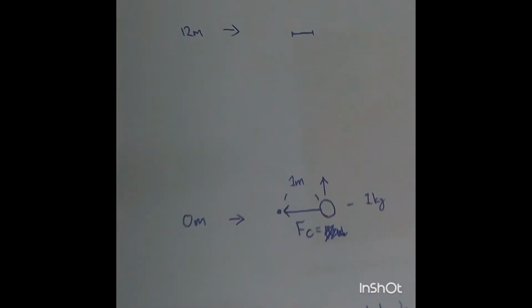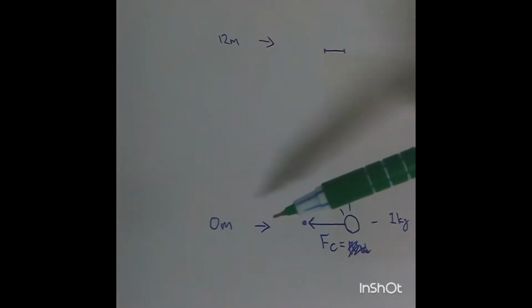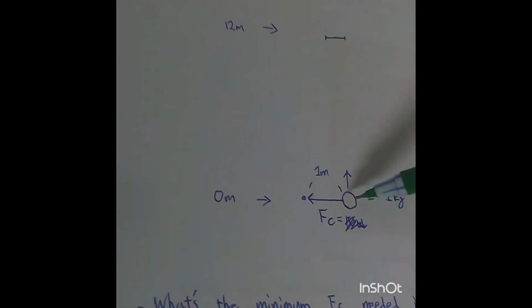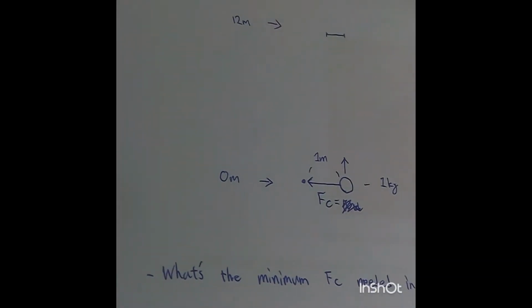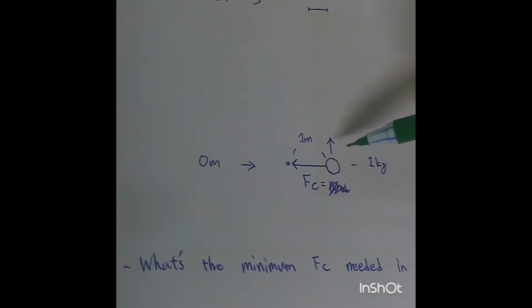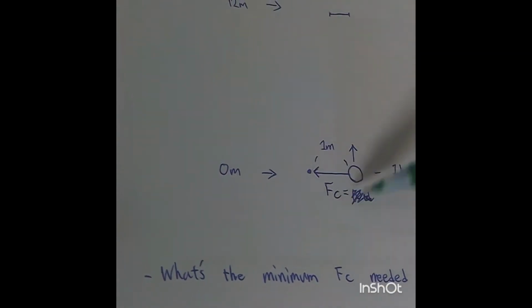Looking here, the question states that this is the starting point and the object is moving in a circle. This is a uniform circular motion, and they have the tangential speed v here, and they are turning this way.